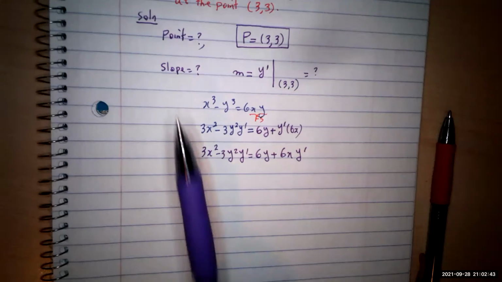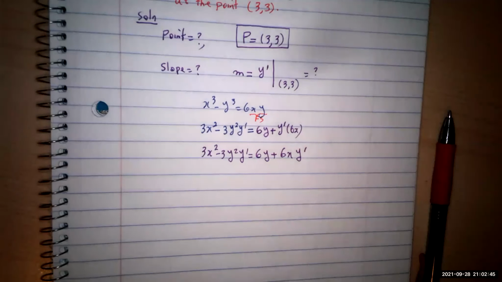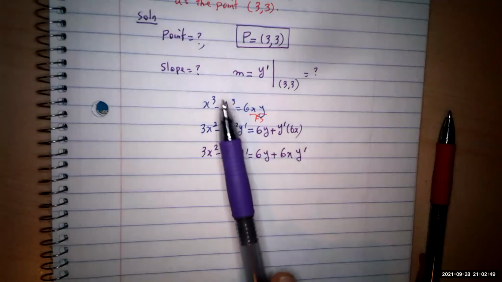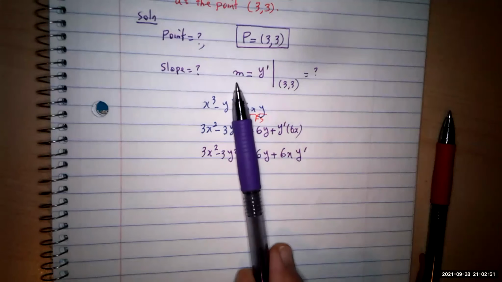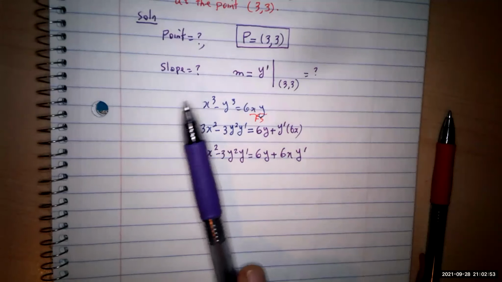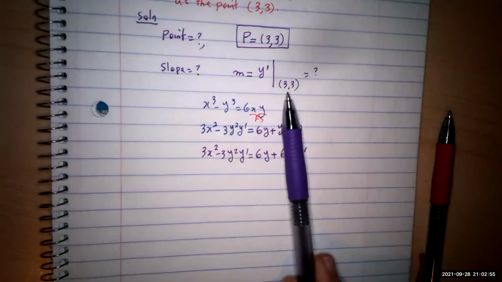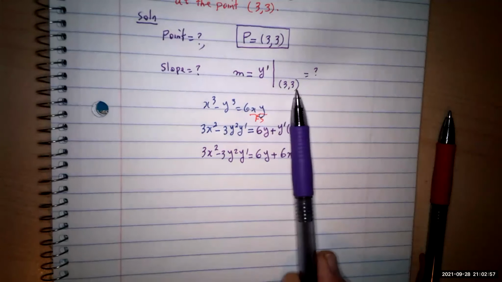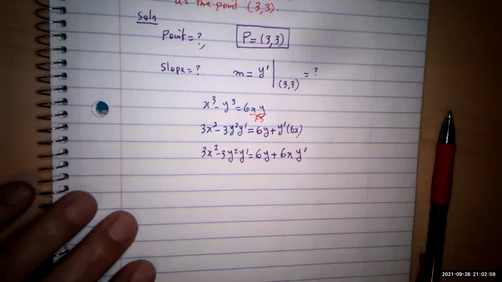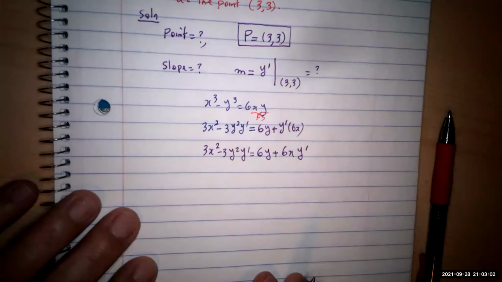Okay, remember we solve for y prime. But the trick is you don't have to solve for y prime right away. Look at this one, what you want? You want the slope. The slope is y prime at the point 3, 3. So my suggestion is don't solve for y prime now.